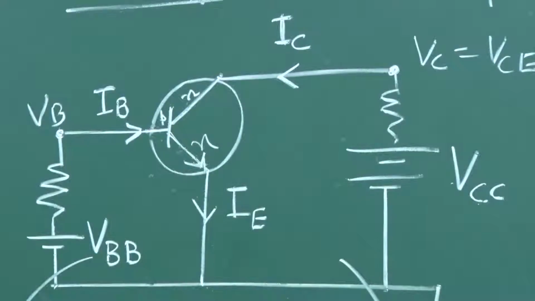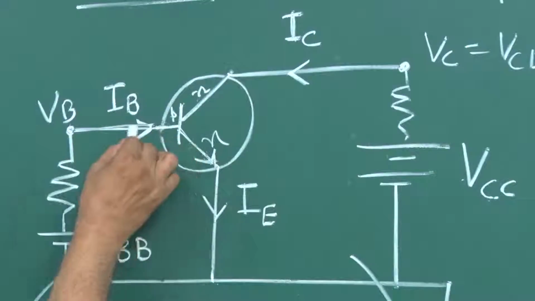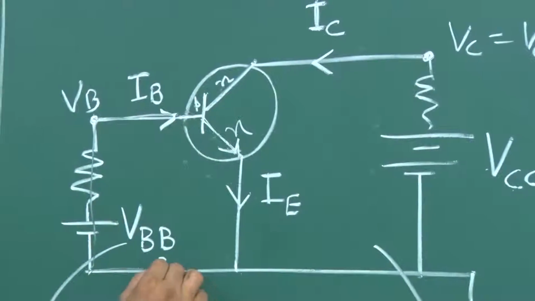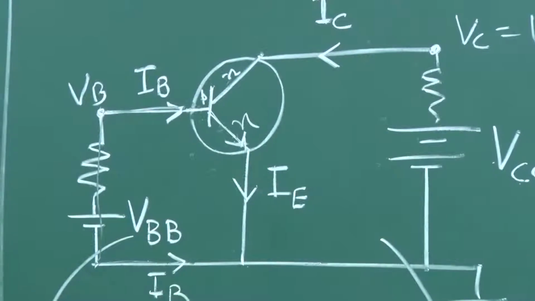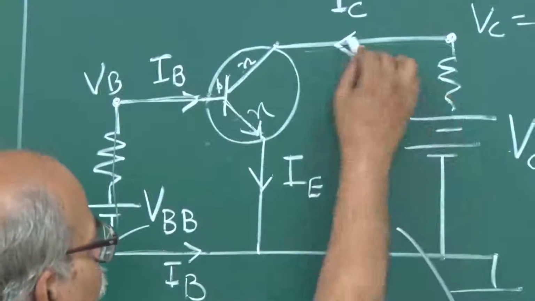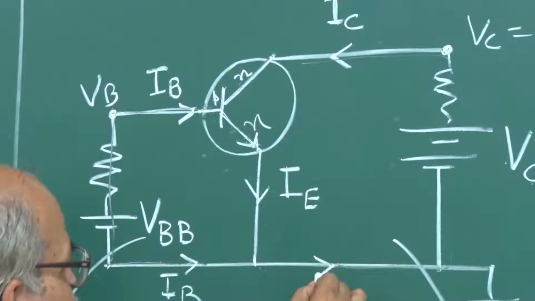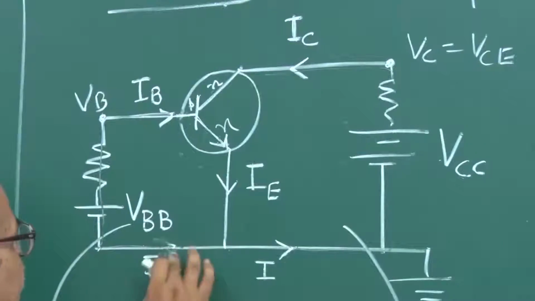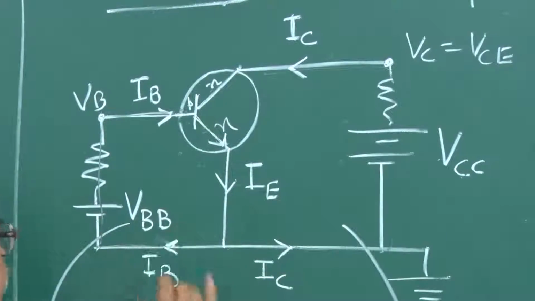So these are the symbols, and if this is IB, you can see that this is just a series circuit, and so the current here should also be IB. And similarly, if this is IC and this whole thing is series, so you should have an IC out here. This IB is like this, right?